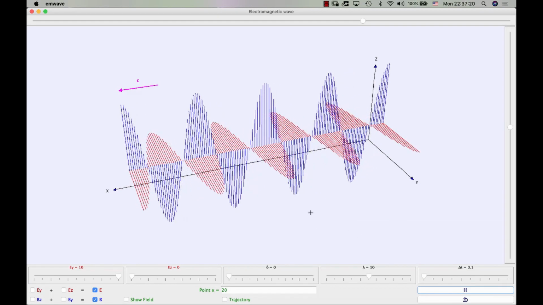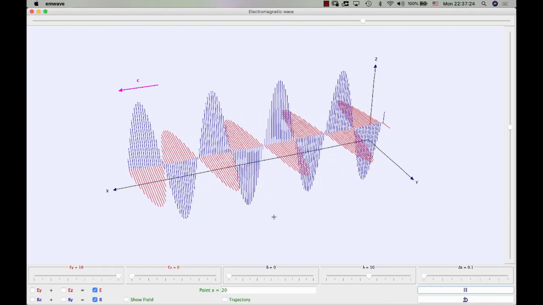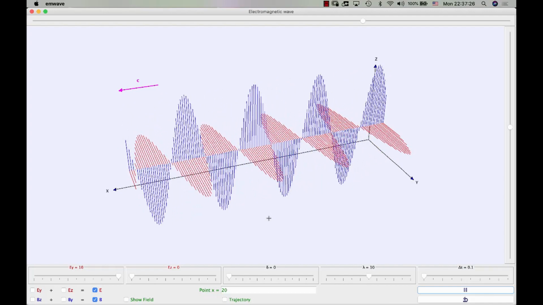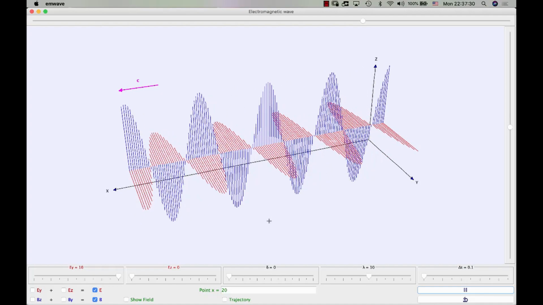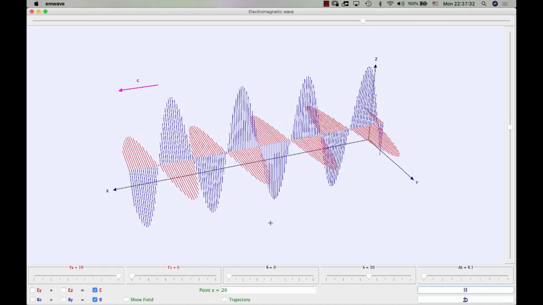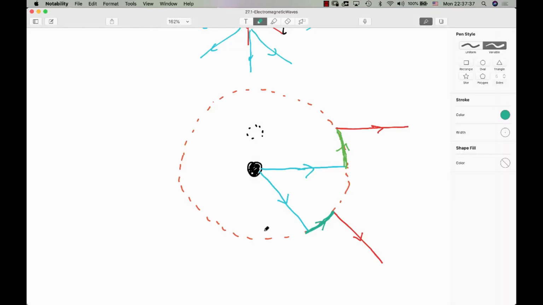Okay, so what we get is the direction of propagation points in the direction of E cross B. Okay, so we've at least argued that electromagnetic waves are transverse waves, although here nothing is being physically displaced.